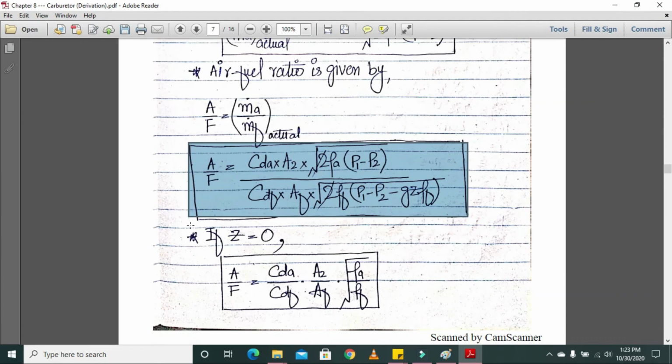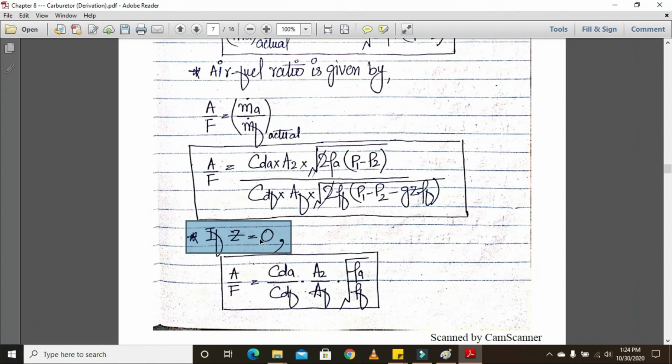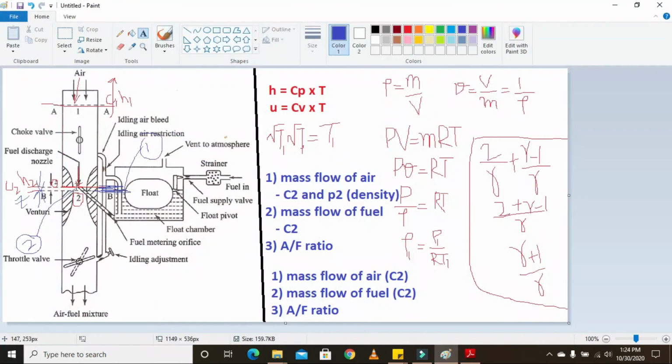And when we are considering that there is no elevation effect, or let's say this venturi, this fuel metering orifice, which was Z meters above this datum point. Let's say if I draw the datum point, this is your datum point, and this one here is the level.